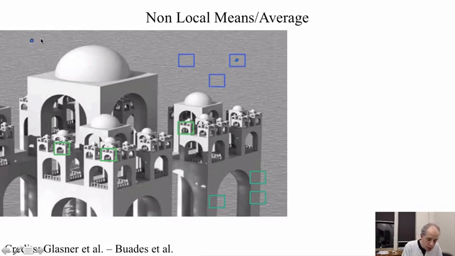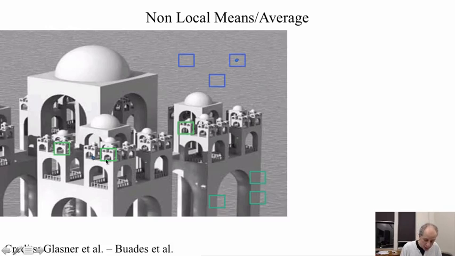That's a very, very simple operation. You go around the image, you look at neighborhoods, let's say 3 by 3 or 5 by 5 or 7 by 7. You say, okay, who is similar to this? You go around, you find a set of them. You can include all of them. You can include just the most similar ones. Once you find them, you go into the center of every neighborhood, and let's say you average that, and you replace the pixel by the average.